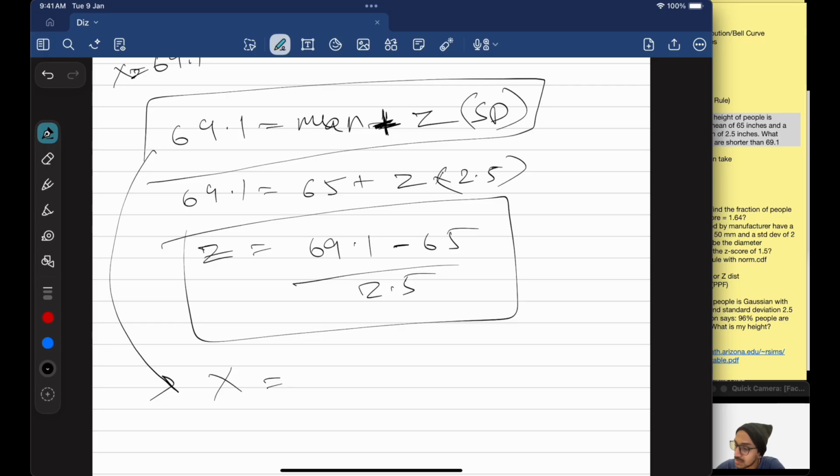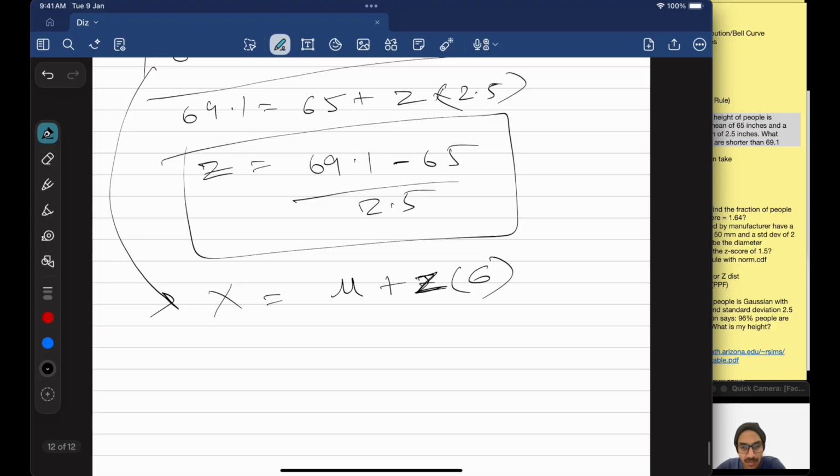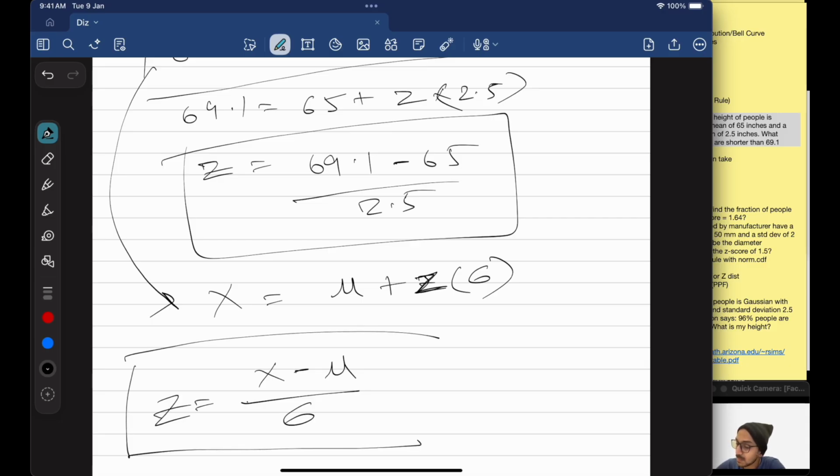Our variable equals mean mu plus z, our z-score, times standard deviation sigma. If I rearrange this, it will be nothing but x minus mu by sigma, which is our z-score. So this is the formula anyway.